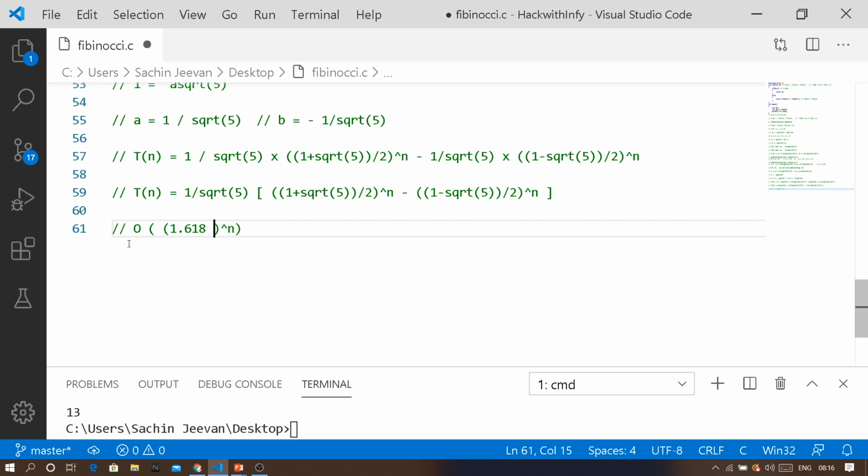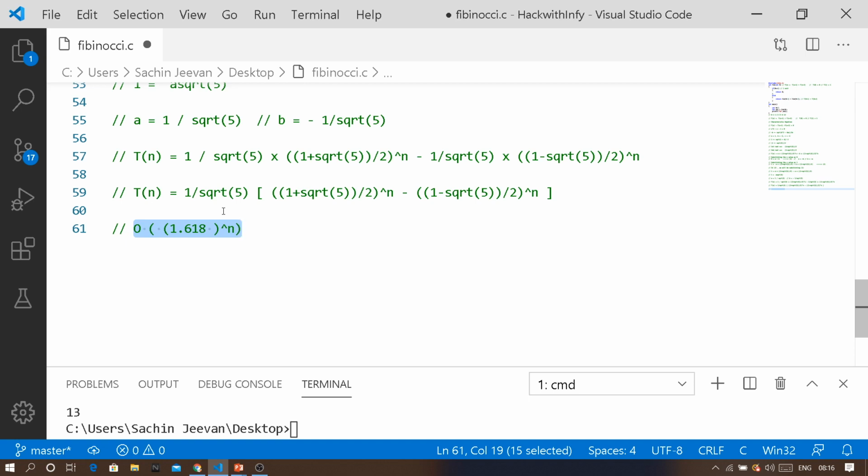This can be nearly taken as order of 2 power n, but the reason I have done this procedure is that I am calculating the exact time complexity. You can also go and search on the internet, like GeeksforGeeks or any other website. They specify the time complexity of Fibonacci as order of 1.618 the whole power n, not as 2 power n.